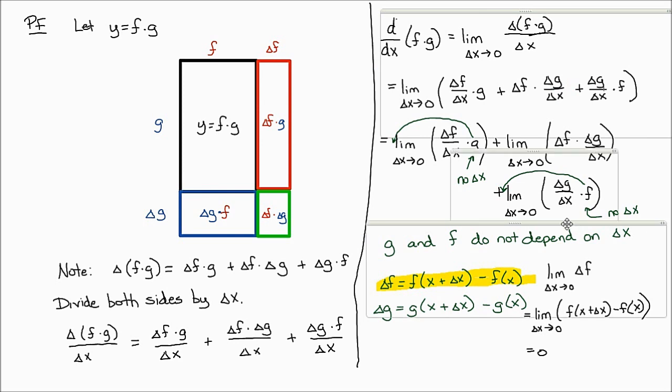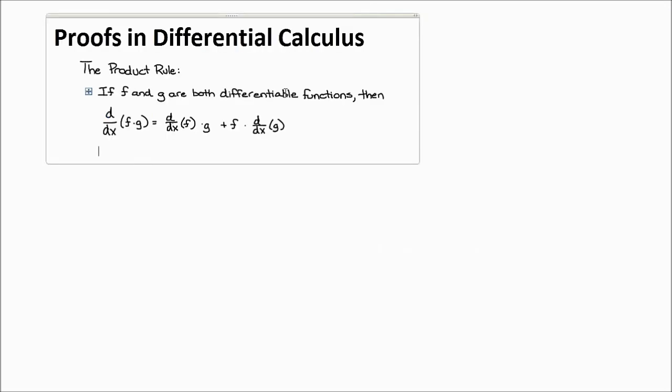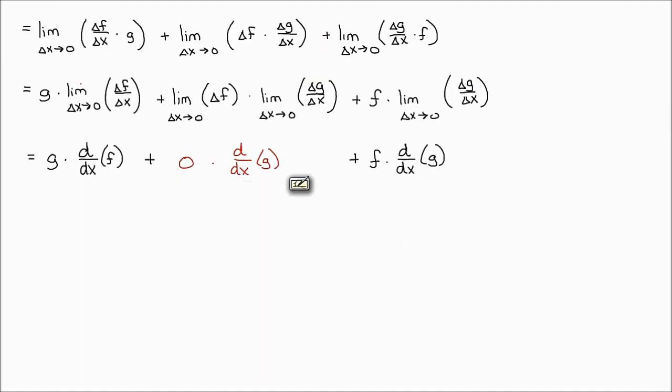Well, one of the things that you have to assume with this proof is that f and g are both differentiable. They told me f and g are both differentiable. That means that this limit, the first one, which is the limit as delta x approaches 0 of delta f over delta x.